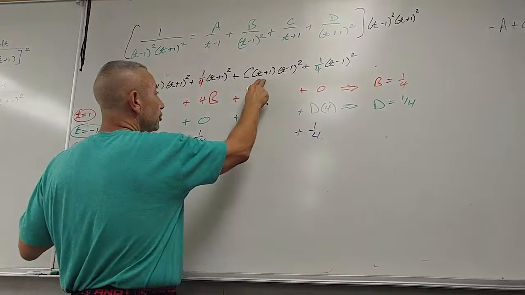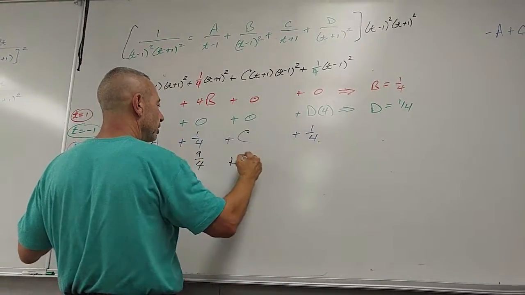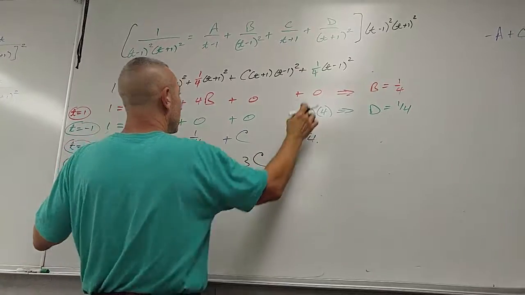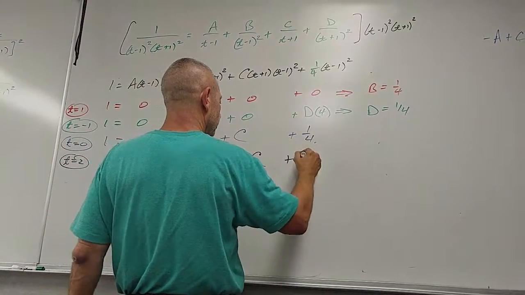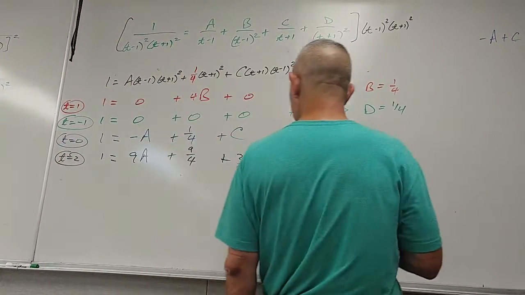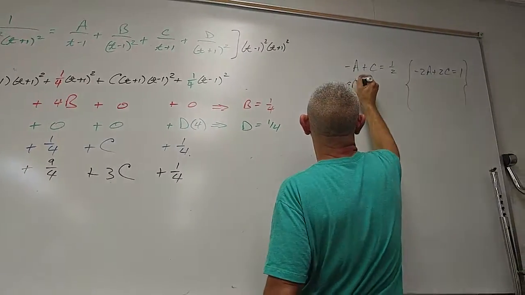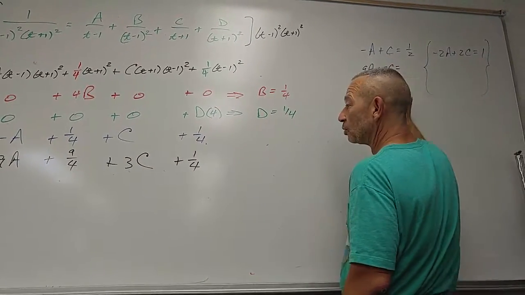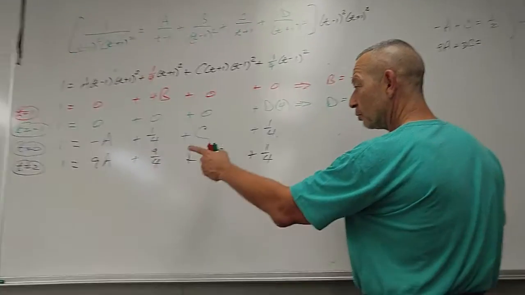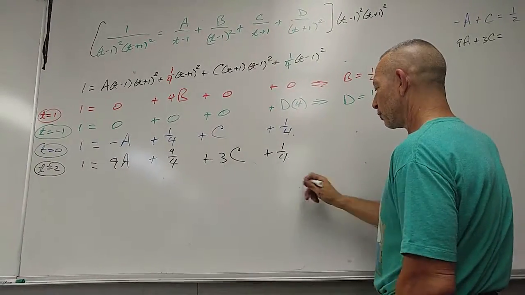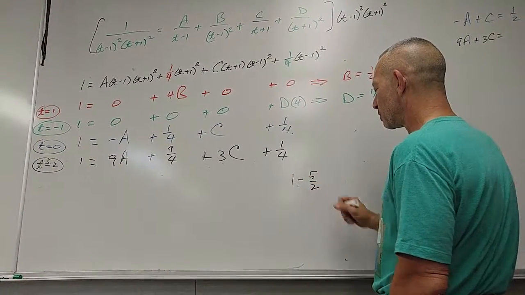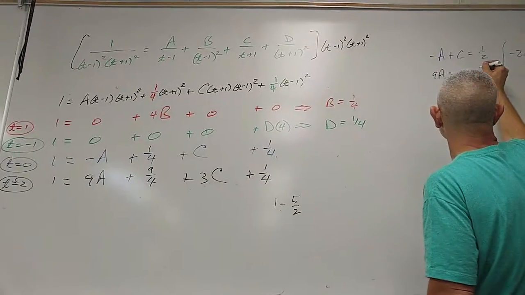Once again, t is 2, so that's 3c. And plus a 4th. So now I get 9a plus 3c equals 1 minus 10/4, is 1 minus 5/2, so that's minus 3/2.